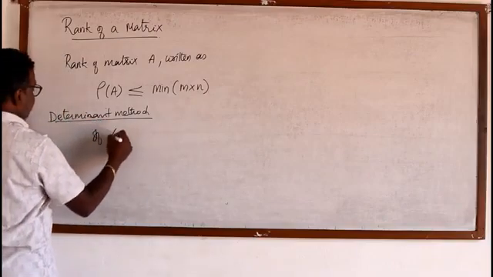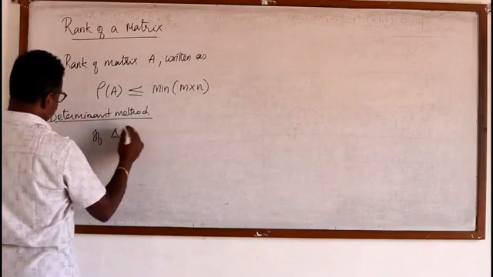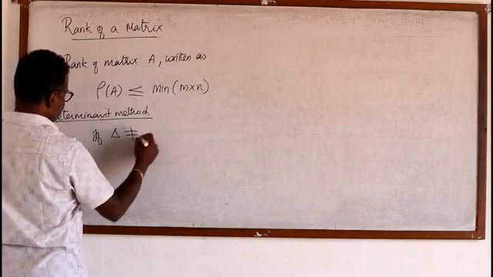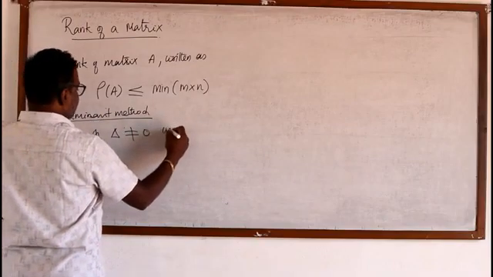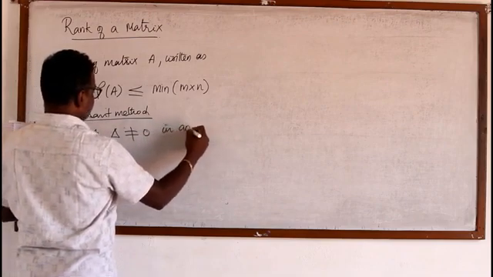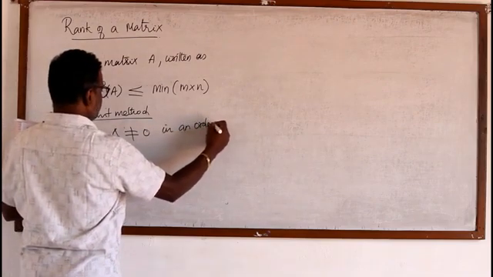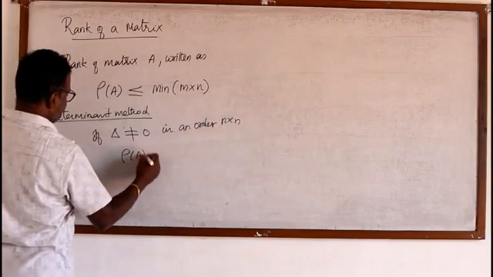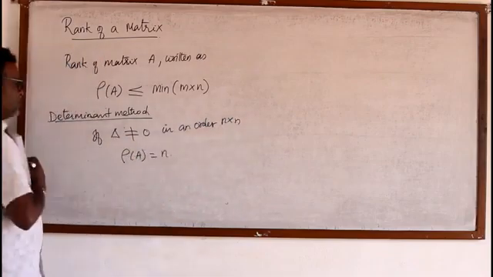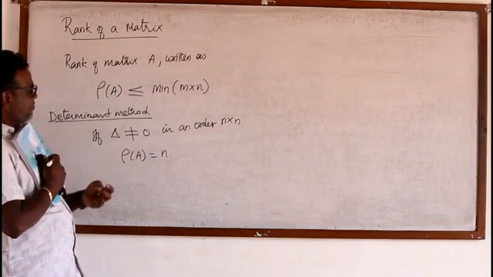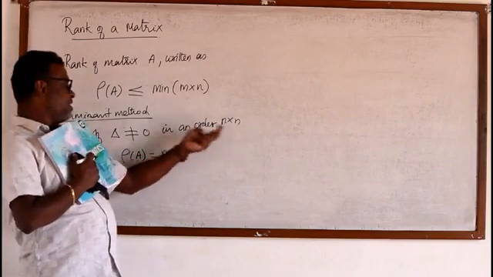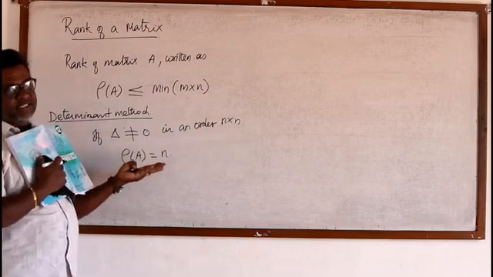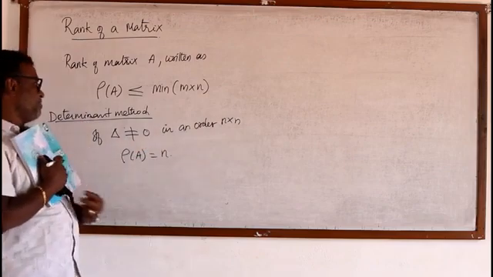If the determinant delta of the matrix is non-zero in an order n cross n, then rank of A equals n. So if the determinant is not vanishing in some order, then that order gives the rank of the matrix.